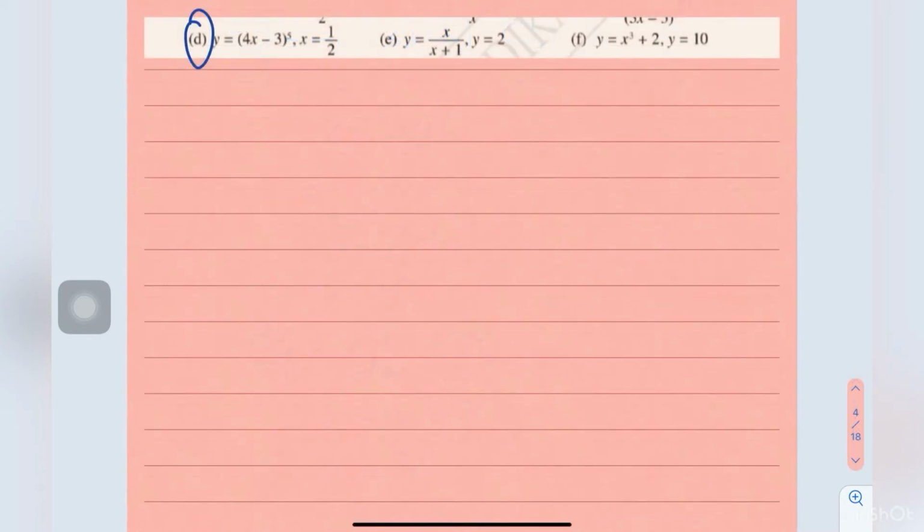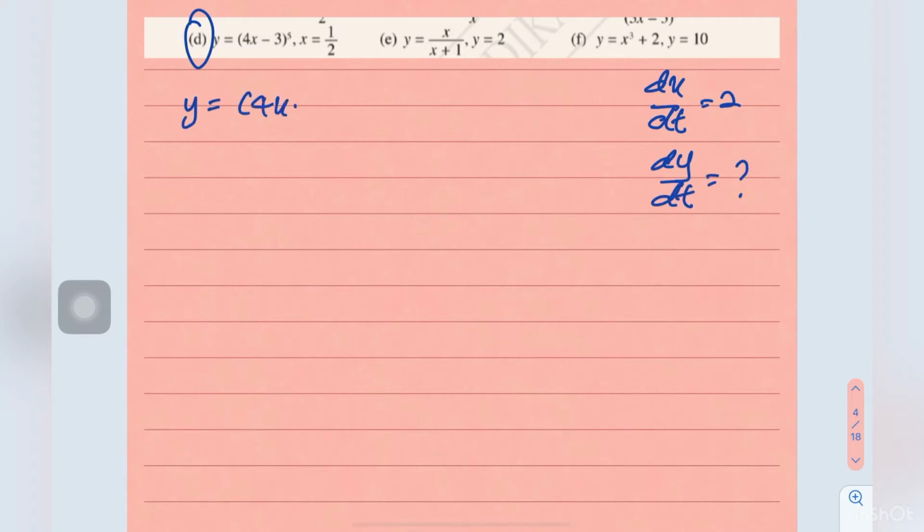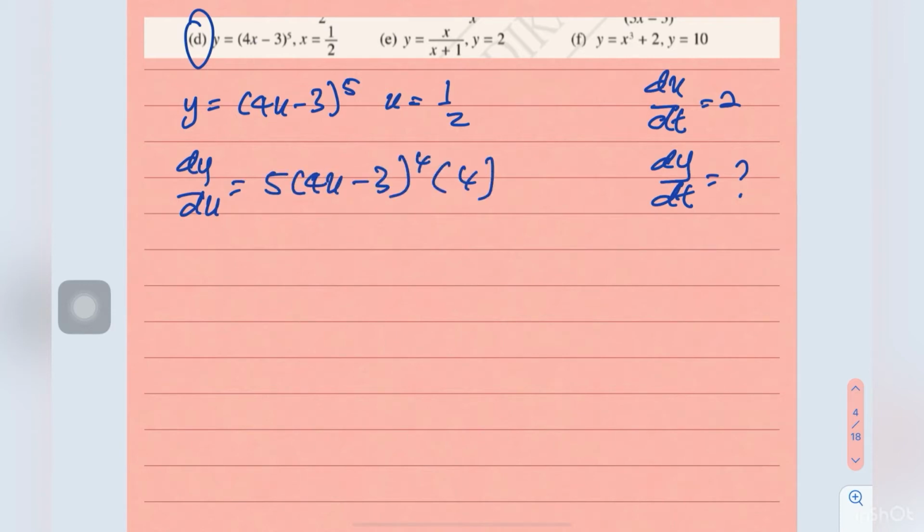Okay, next question D. Previously given dx/dt equals 2. Find dy/dt. Okay, so here given y equals (4x minus 3) to the power of 5 and x equals half. So then differentiate, use the power rule. So 5(4x minus 3) to the power of 4 times 4. So we get 20(4x minus 3) to the power of 4.